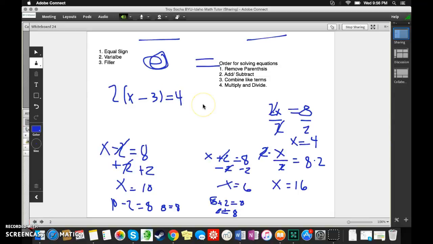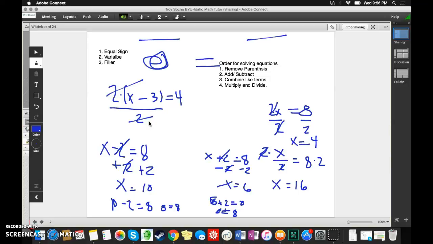All right, so this one seems really complicated when you first look at it. It doesn't have to be that bad. Just remember your rules. First, remove the parenthesis, right? But what is this parenthesis multiplied by in order to remove it? Well, we need that 2 gone. So we're going to divide by 2. This is the inverse process to the multiplication that the parenthesis is multiplied by.